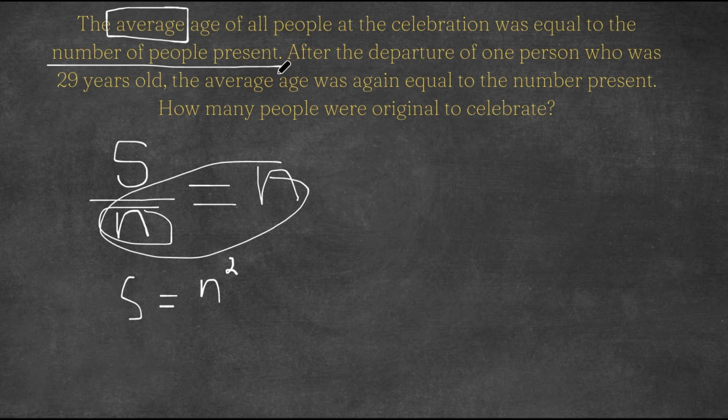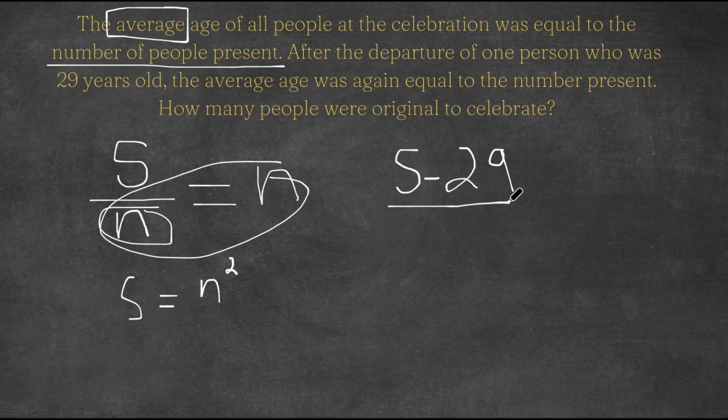Now let's take a look at our second sentence. After the departure of one person who was 29 years old, the average age was again equal to the number present. Well, if the person who left was 29 years old, doesn't that mean that we are subtracting 29 from the sum? Because the total sum is all the ages combined, and if someone who's 29 years old leaves, then we're going to have to subtract 29 from the total sum.